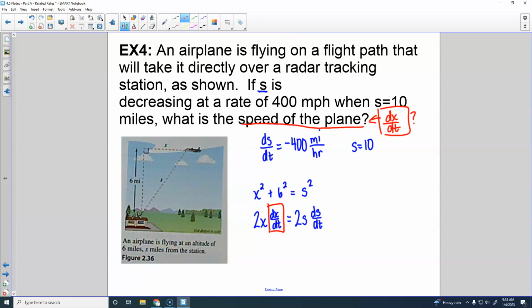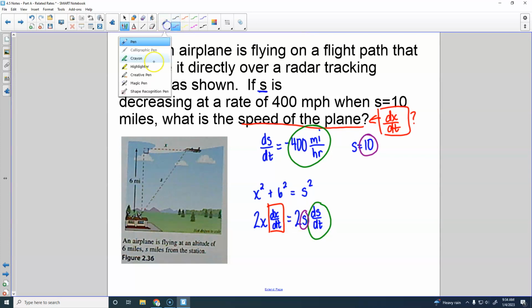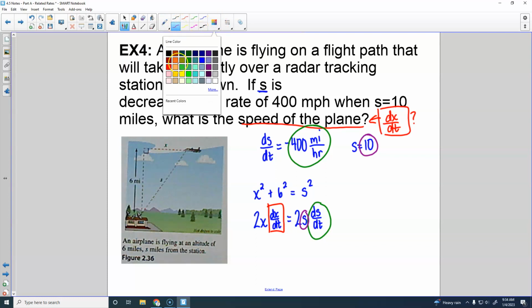We don't want to replace it. I know ds dt. I know S. I don't know X, but we can find it, right? I can plug back into the original problem, the Pythagorean theorem.